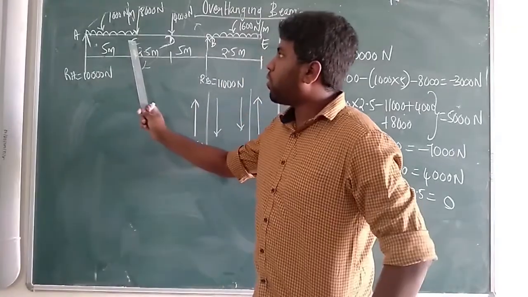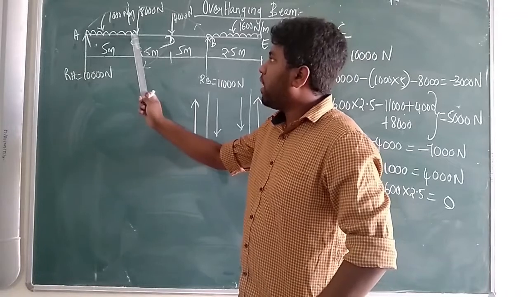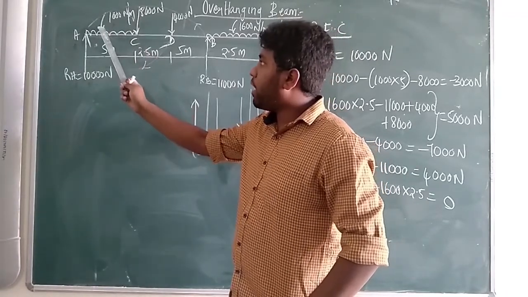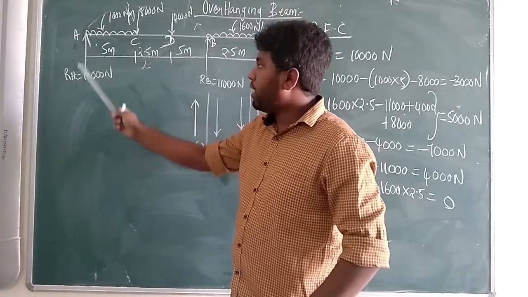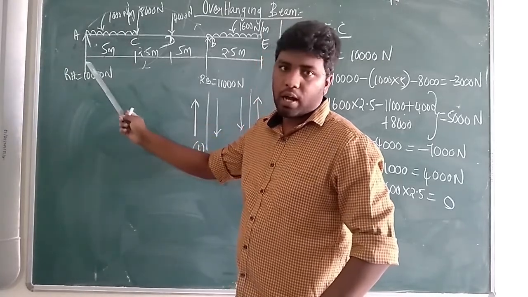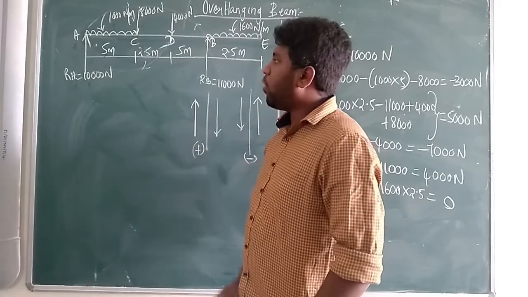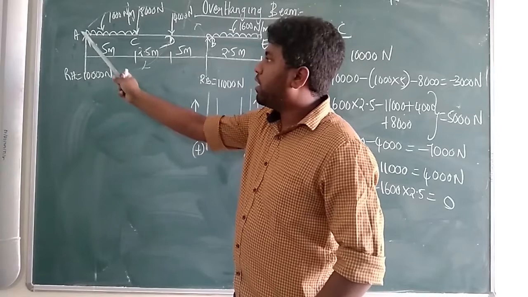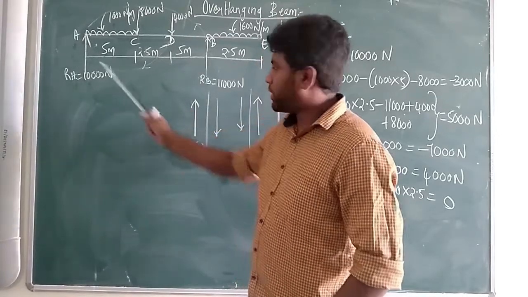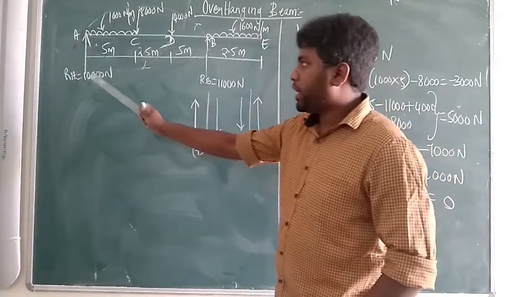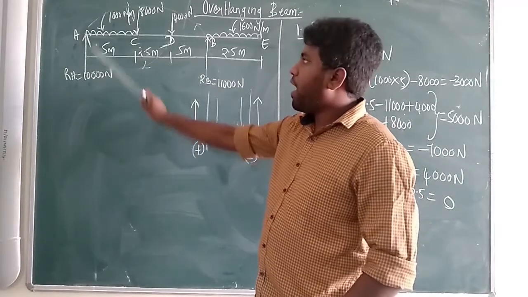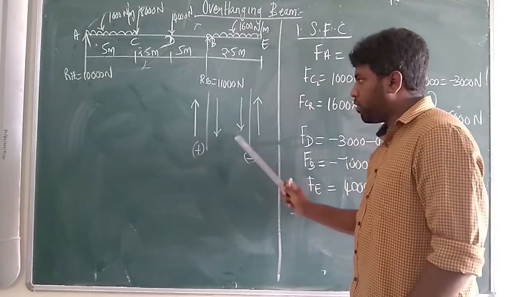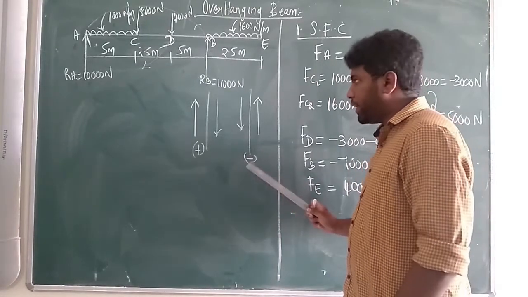So what are the forces in the left of the section? There is a vertical downward load, a UDL, and the upward reaction force. How can we write that? There is an upward force at the left of the section, that is positive, so 10,000. And a downward force on the left of the section is negative.